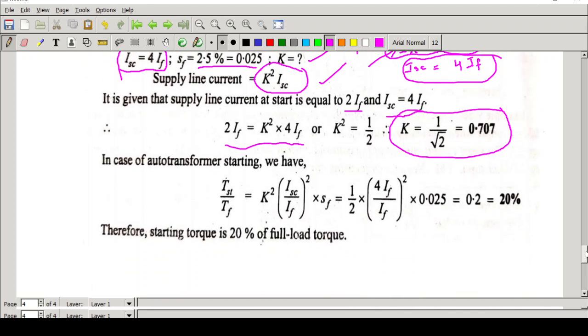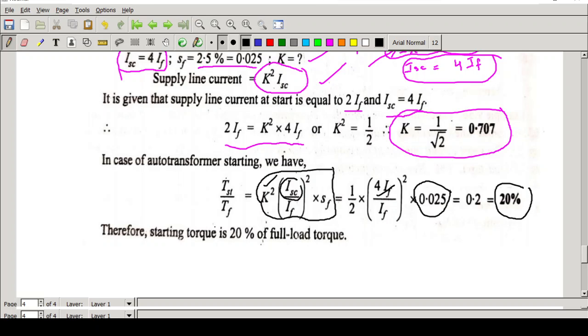Then how will you find the ratio of starting torque to full load torque? So this expression is for that, and using it we find TST by TF is equal to this particular equation, with K squared, because this is an autotransformer, that is why the term K squared is coming. And we know the value of ISC, it is given as 4 times IF. Okay, and SF is also given, and finally we will get 20%.